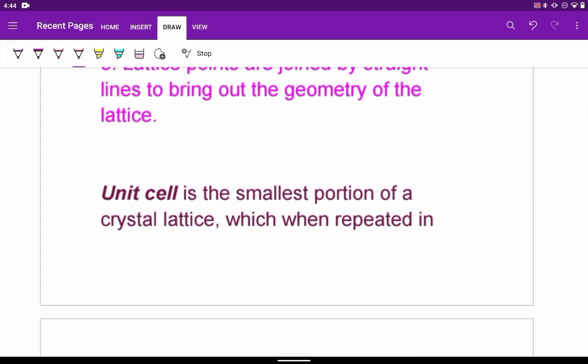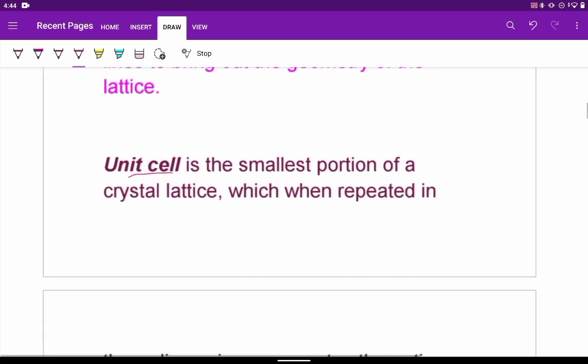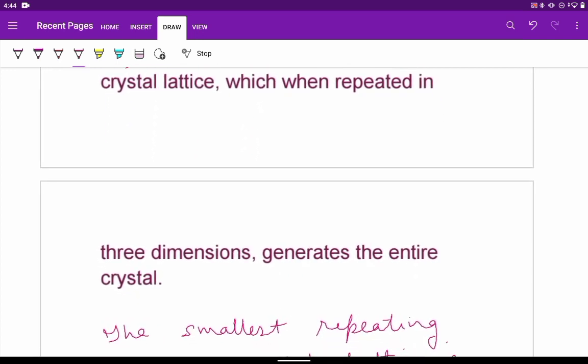In this, the unit cell is the smallest portion of a crystal lattice. It is a very small portion of the crystal lattice. If you keep many unit cells side by side, repeating them in a particular three-dimensional fashion, we can generate the entire crystal.